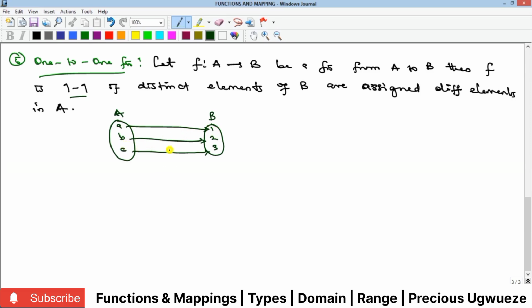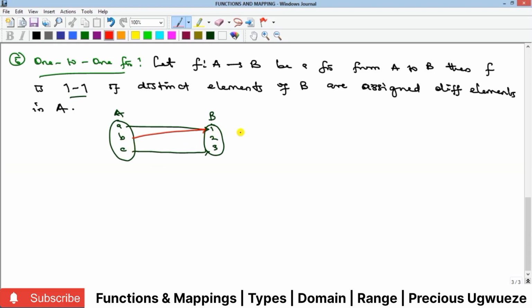So if you have now a function where, for instance, I now decide instead of assigning B to 2, I decide to assign it to the same 1. This is still a function, but this is not a one-to-one function because a particular element in B, 1 here now, has 2 elements assigned to it from what?